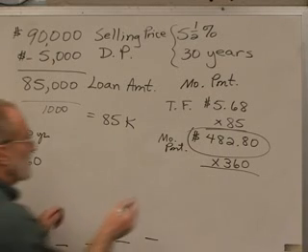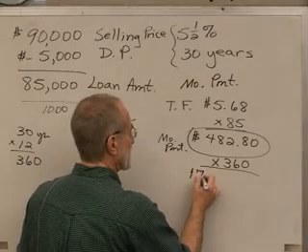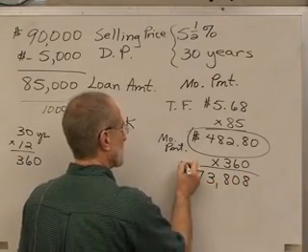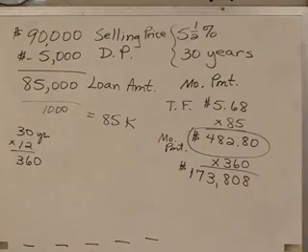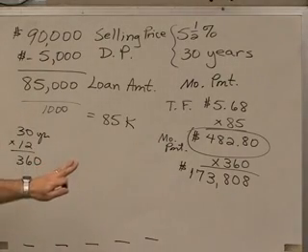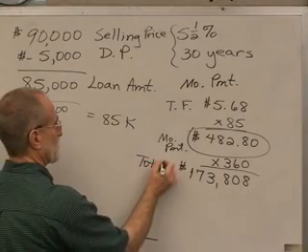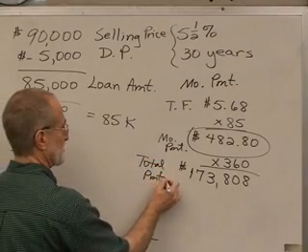I get $173,808. Does that look right? Now that's not interest. That's total payments.